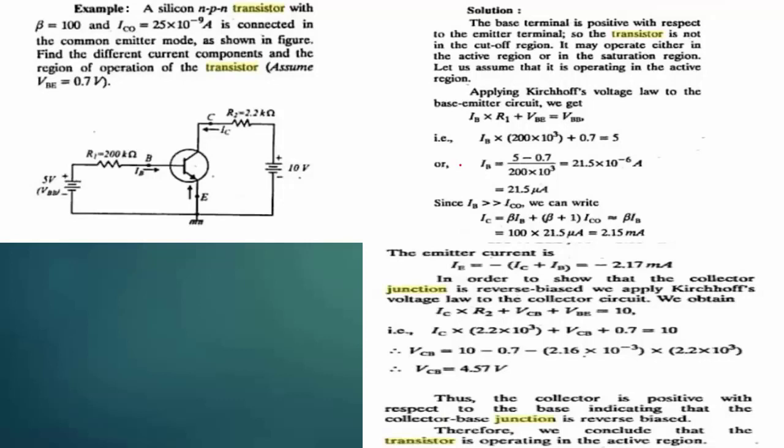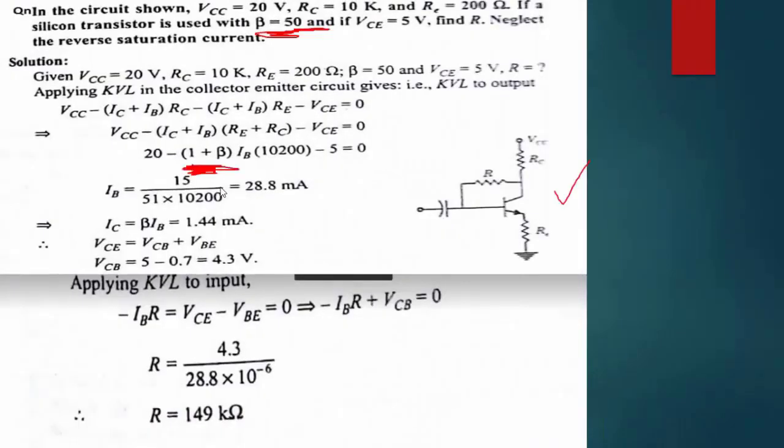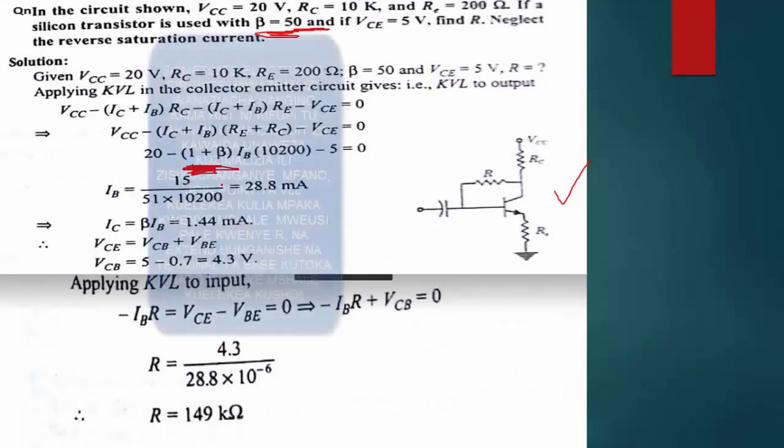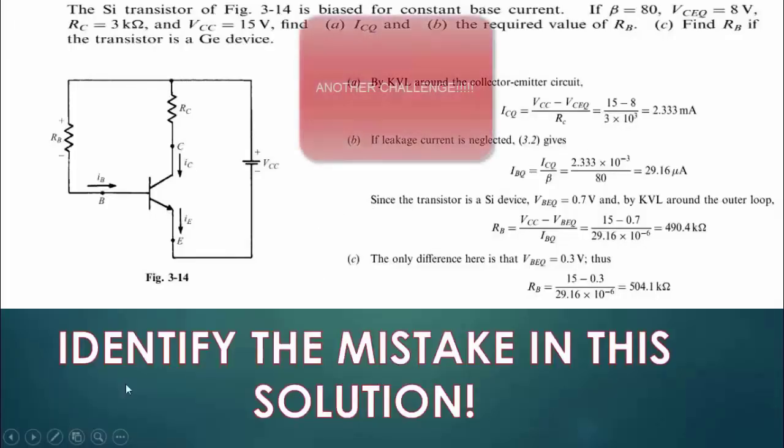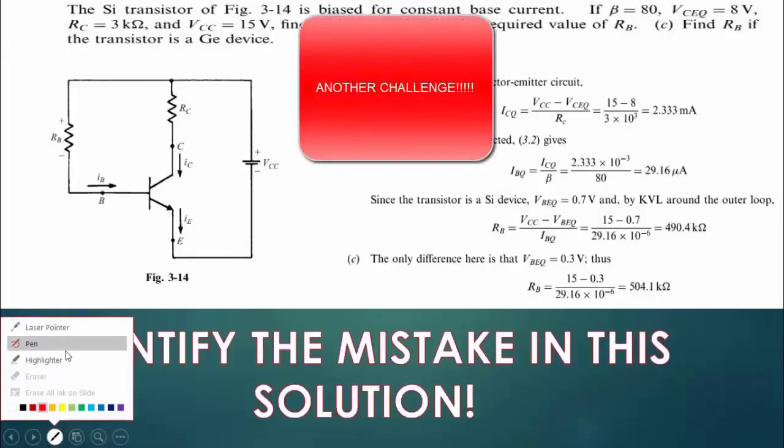As far as najua sasa hivi utakuwa umeshaelewa kutokana na mifano yote hiyo ambayo tumefanya. So you have another example here. You can solve for yourself here and see if you can get these answers here. So you have the circuit there, the amplification factor, and you can see they have solved the answer kama hivyo.